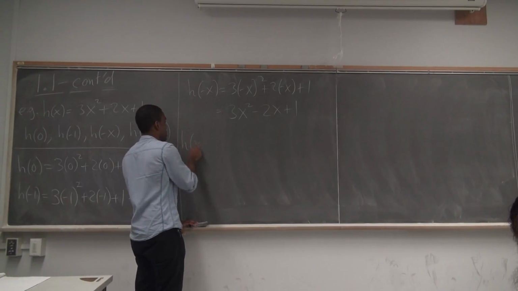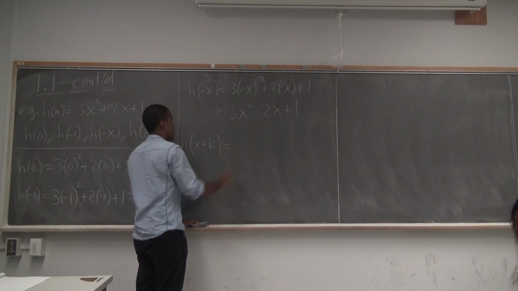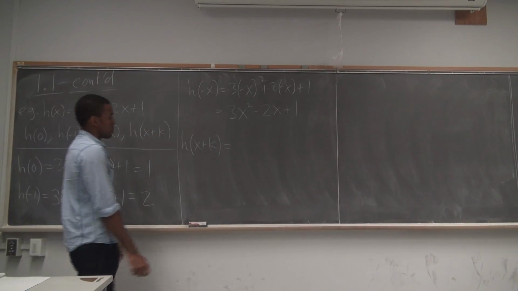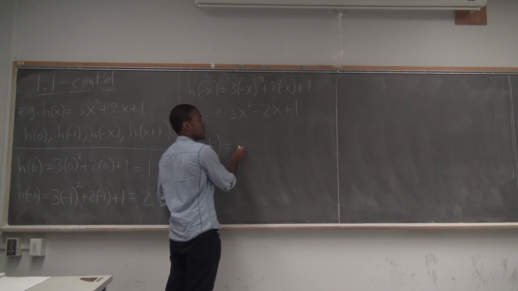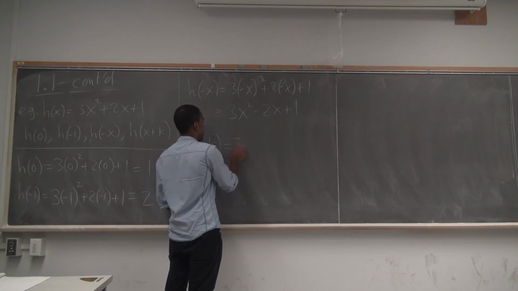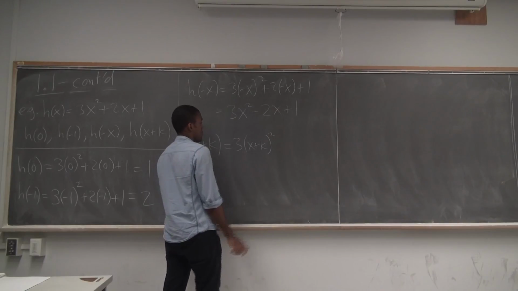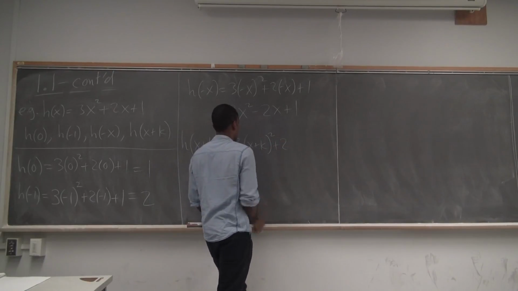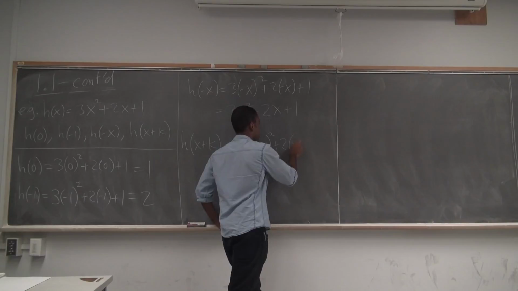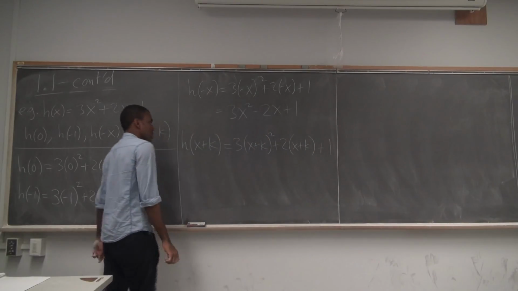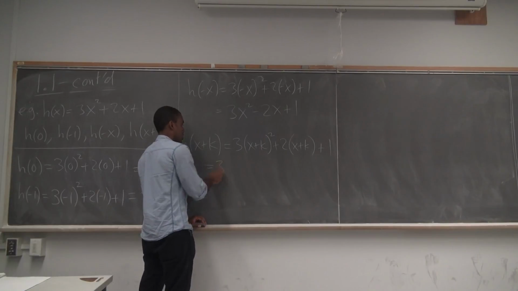How about h of x plus k? How's that going to look? 3 times parentheses x plus k squared, plus 2 times x plus k in parentheses, plus 1. Then you have to expand x plus k squared.